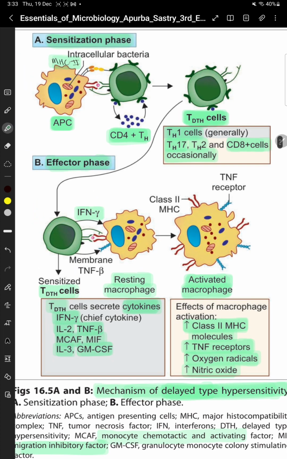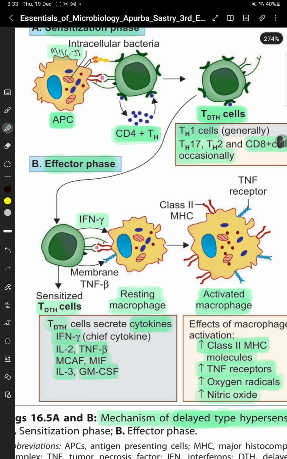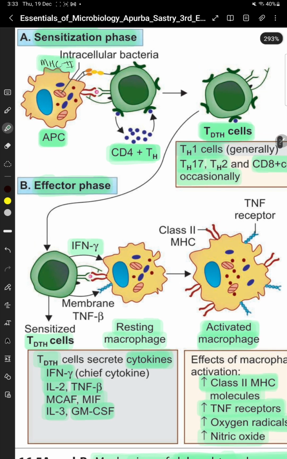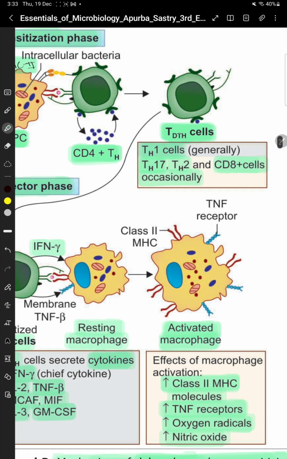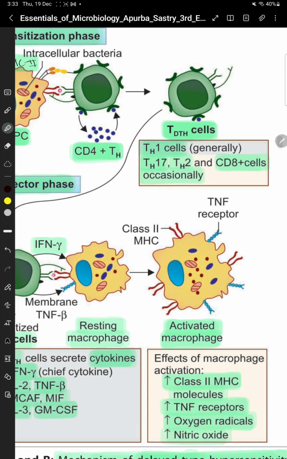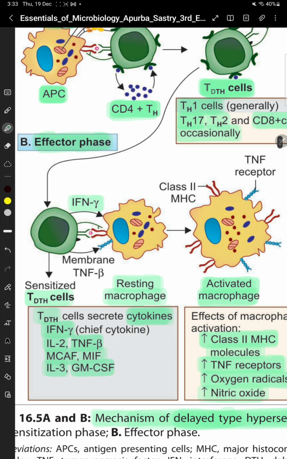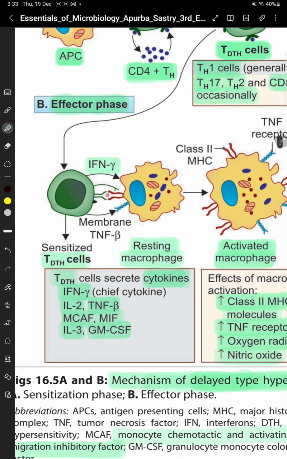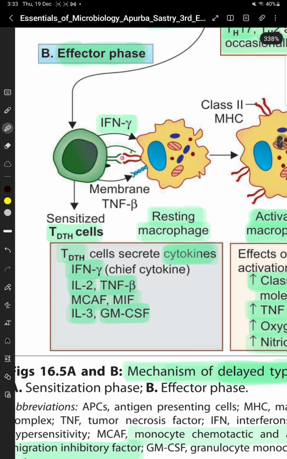There are two phases, sensitization phase and effector phase. In the sensitization phase, the antigen presenting cell will process and present the antigens along with MHC2 to the helper T cells, which will differentiate into T DTH cells. In the effector phase, these differentiated T DTH cells, when they come in contact with antigen, will secrete cytokines, in which the main cytokine is interferon gamma.